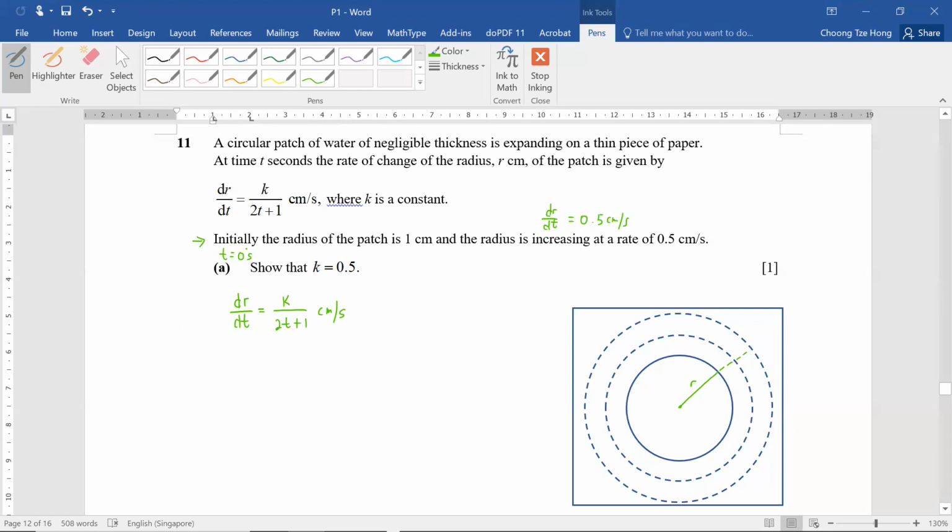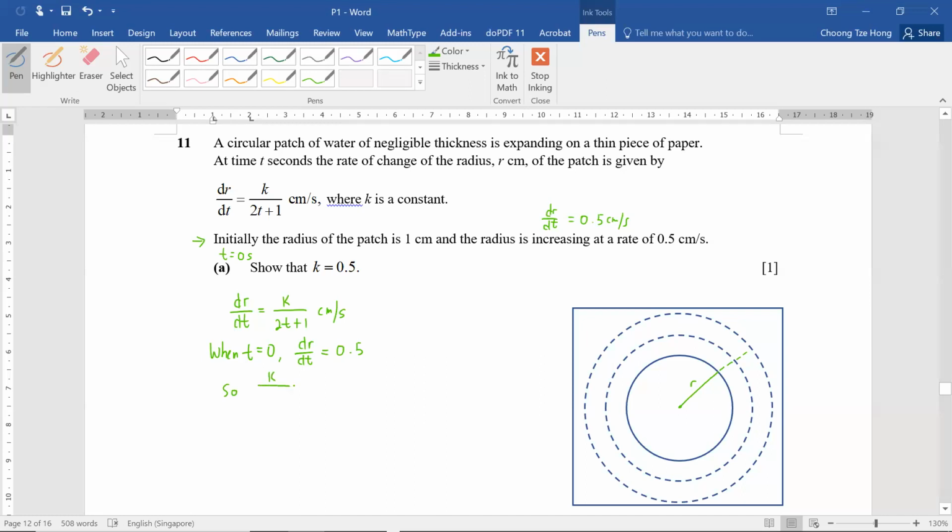We can make use of this piece of info to find the value of k. What we can write is, when t is equal to 0, dr/dt is equal to 0.5. So we can formulate an equation to find the value of k.